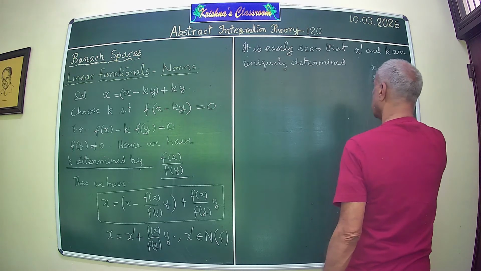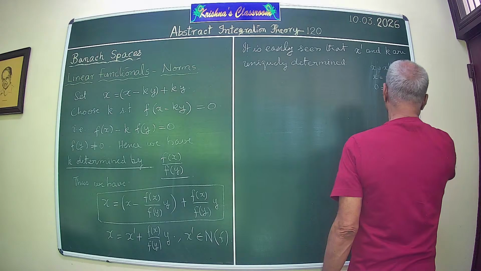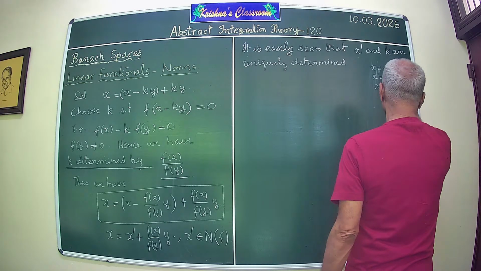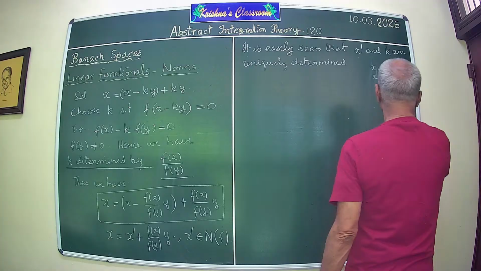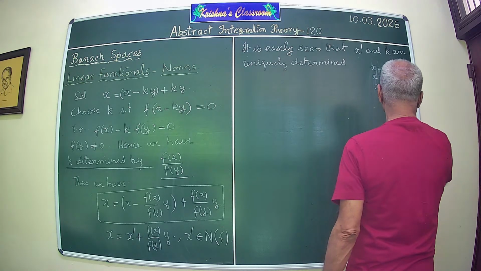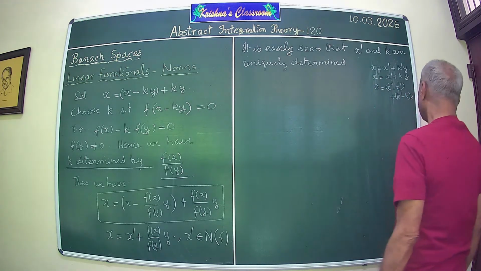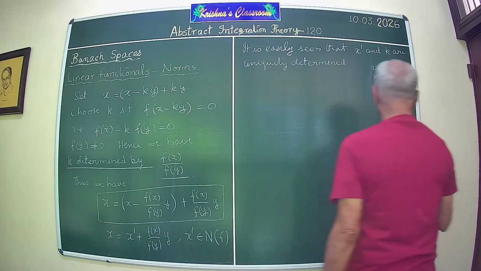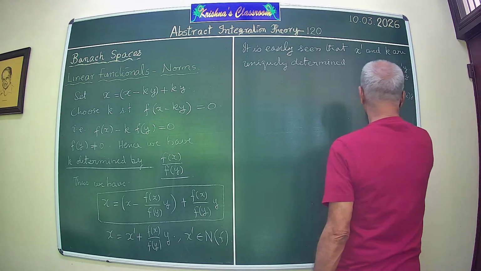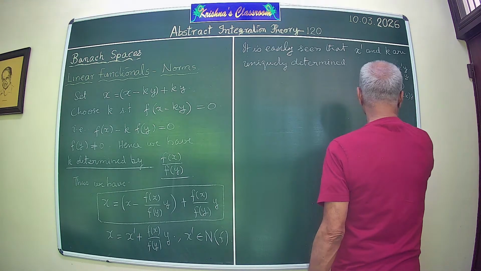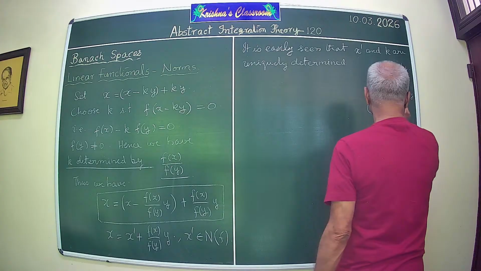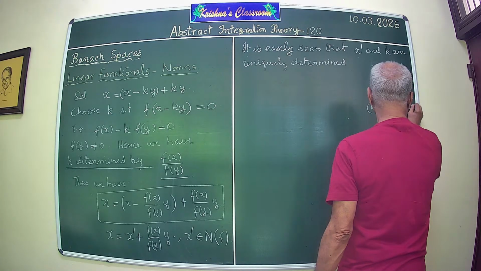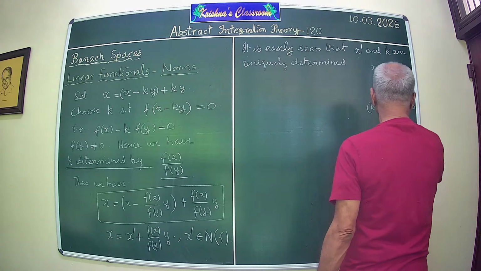Now this is in the null space of f, therefore this is 0. So you get k prime minus k equals 0.